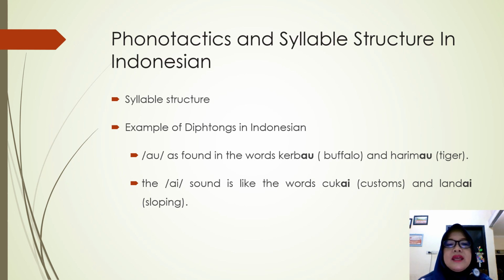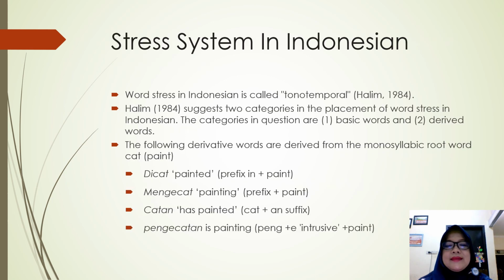And the sound ai is like in the words cukai and landai. Word stress in Indonesian is called tonotemporal. The meaning of this stress is that words in Indonesian have prominence that is more marked by the pitch of the voice.